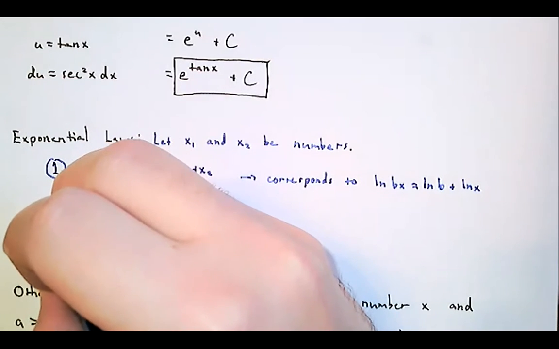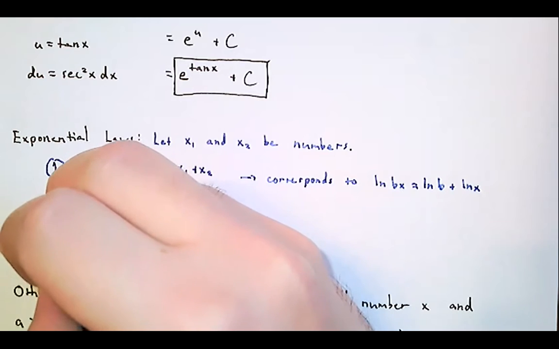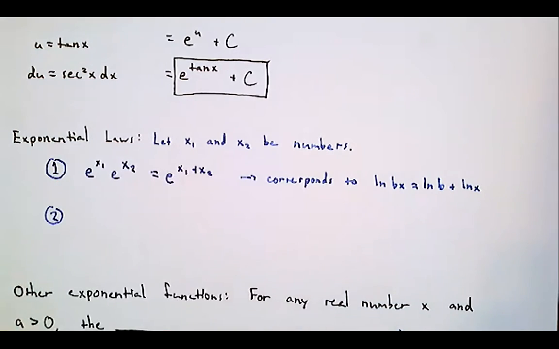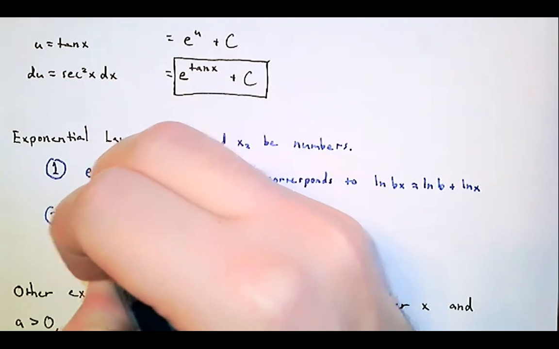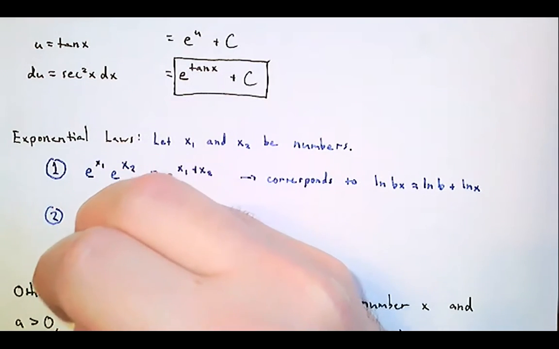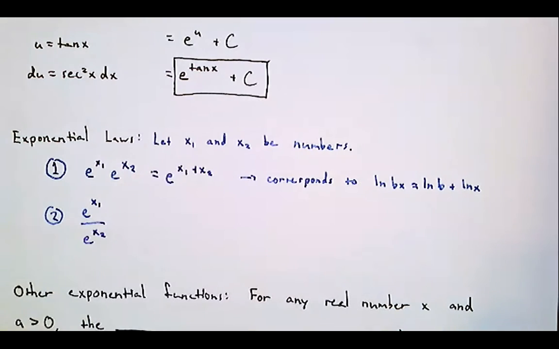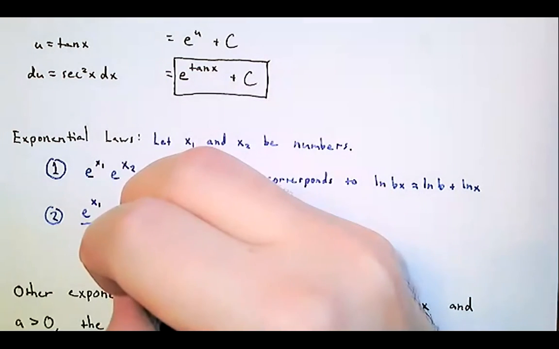The second one has to do with the division property of the natural logarithm. If we have e to the x1 over e to the x2, then we subtract exponents.